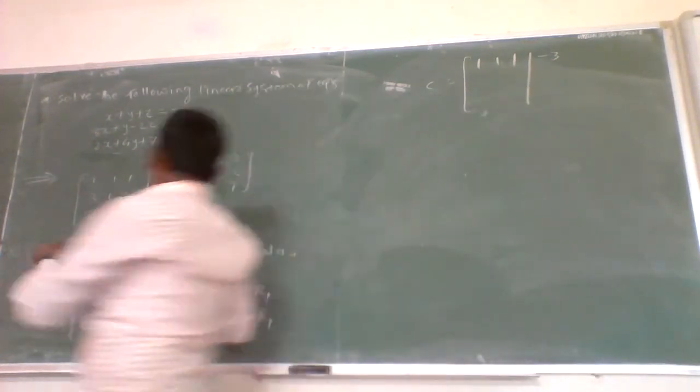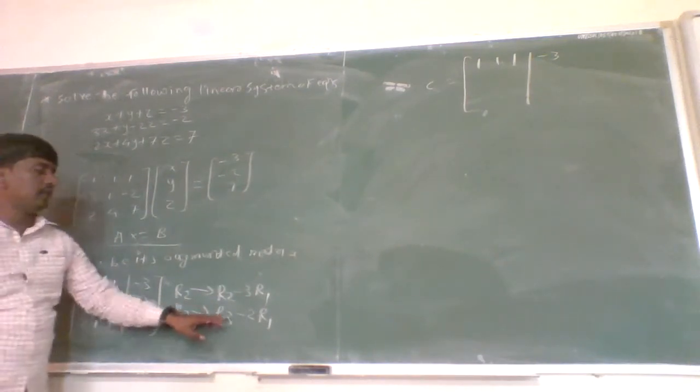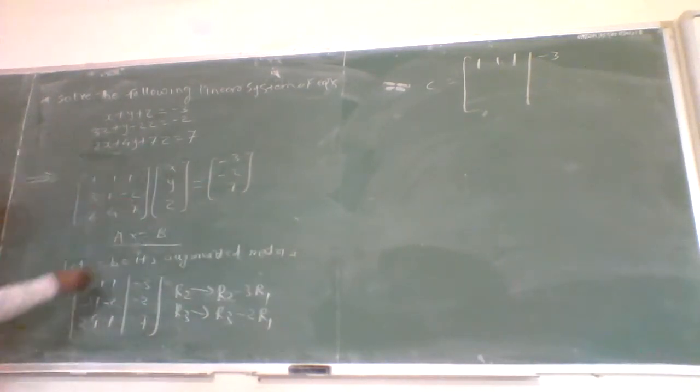Now we have to subtract 3 times R1 from R2: 3 minus 3 into 1 is 0.